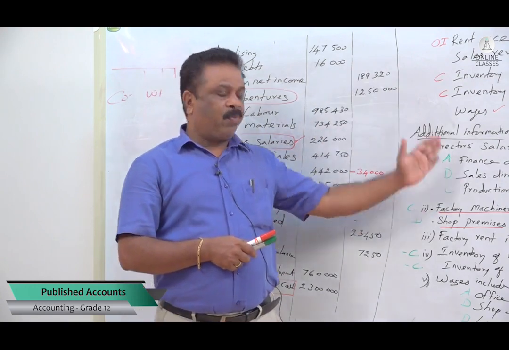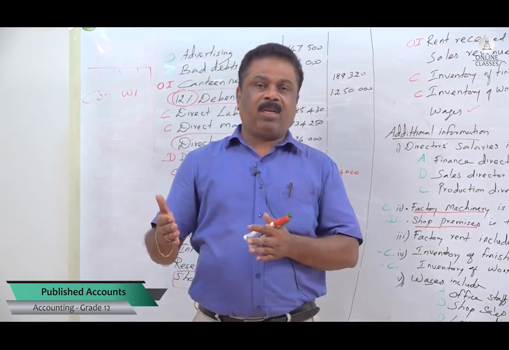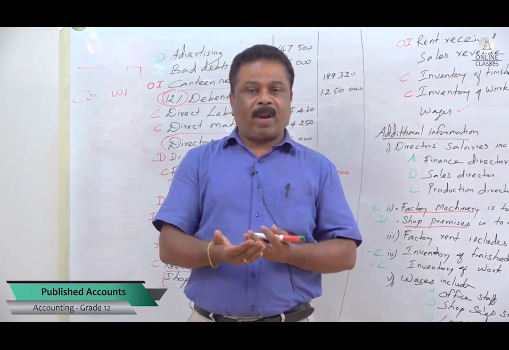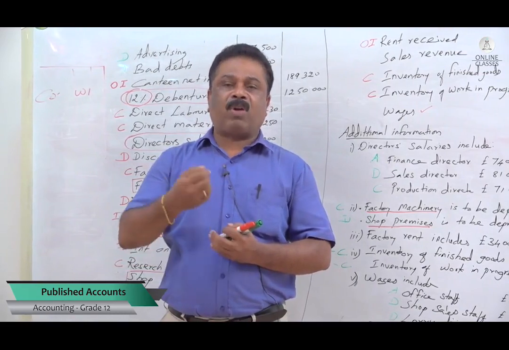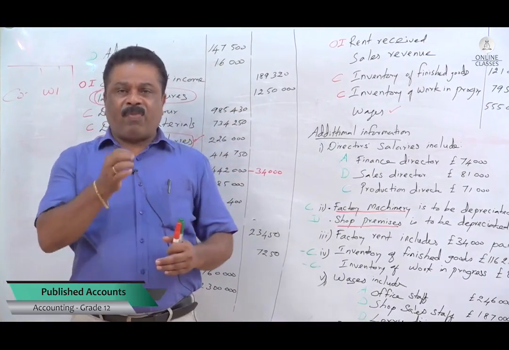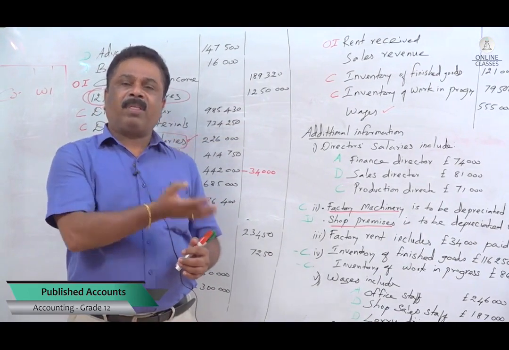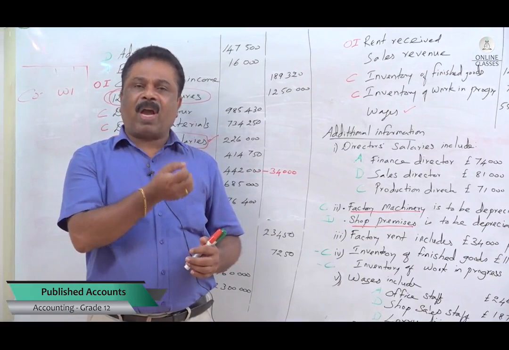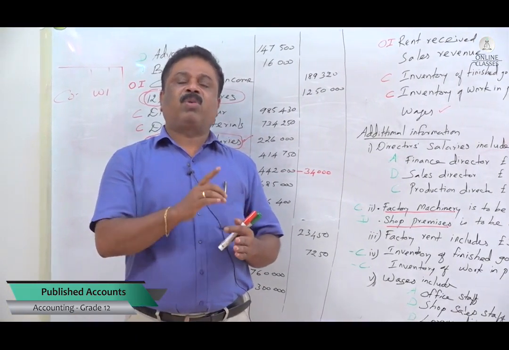With this statement of comprehensive income, I come to a conclusion. But apart from what I explained, I am sure a few students might have some more doubts about what to be done and how to do that. If so, please send me a Viber message personally, or Viber in your classroom, wherever it is possible, and we will answer you.